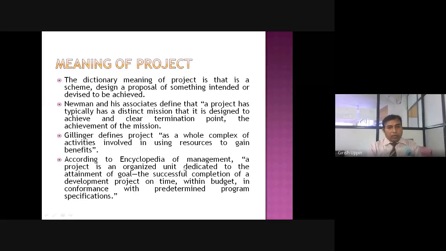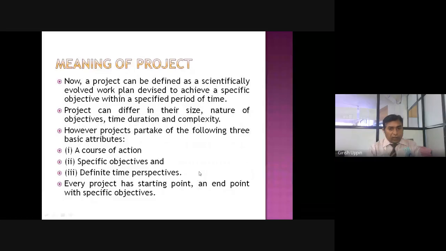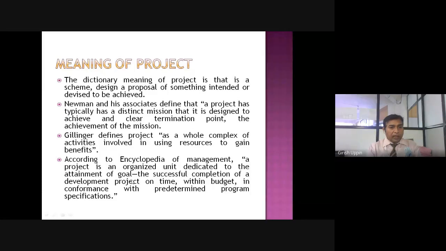According to Encyclopedia of Management, a project is an organized unit dedicated to the attainment of a goal, the successful completion of a development project on time, within budget, in conformance with the predetermined program specification. So according to the Encyclopedia, it is an organized unit dedicated to attaining whatever goal is set, the successful completion of a development project.